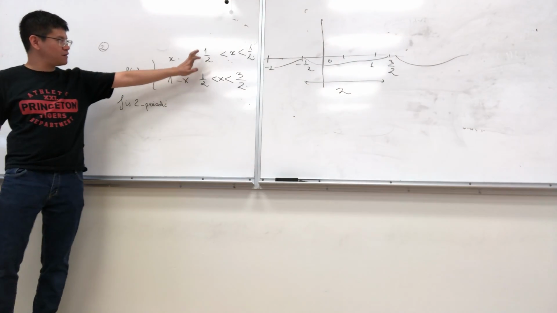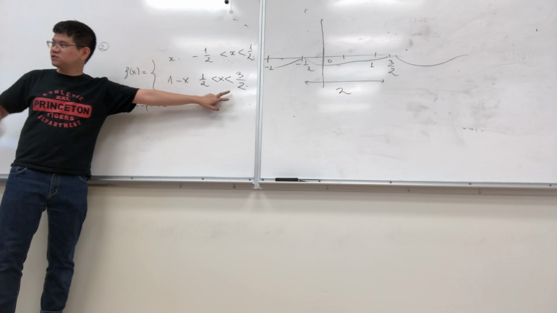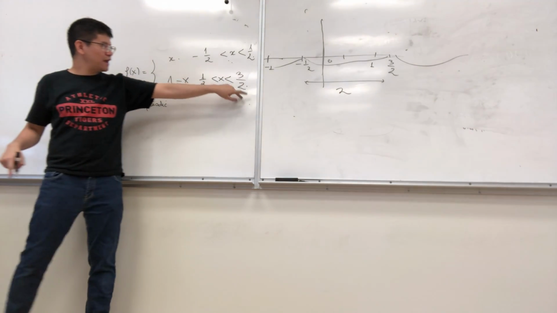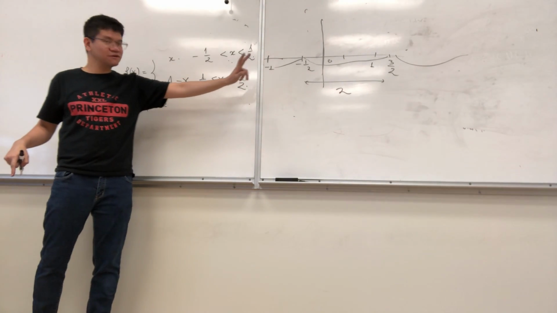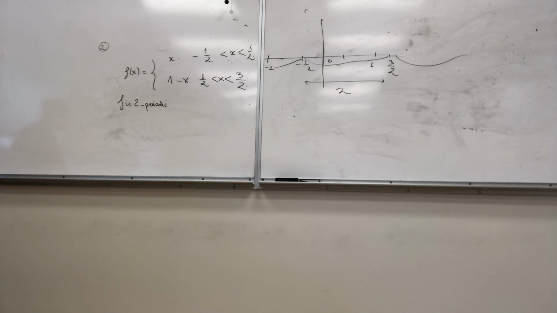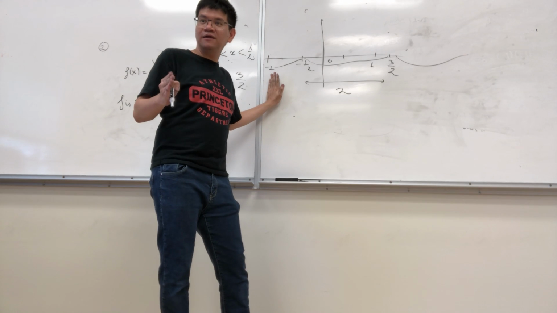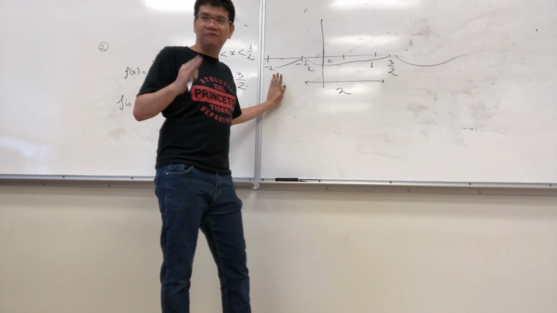So this function is defined from minus 1/2 to 3/2. Of course, it's periodic with period 2, so from 3/2 to 7/2 it is going to be the same. But we are not used to this kind of function, because the function that we normally do is symmetric. So it's going to be from minus 1 to 1 and not from minus 1/2 to 3/2.